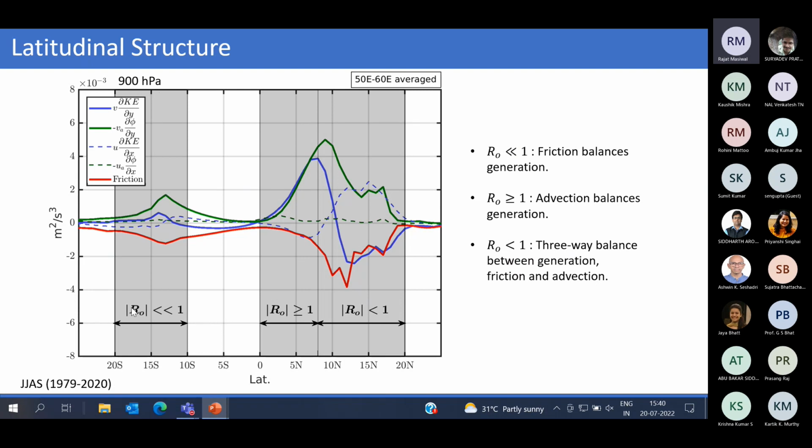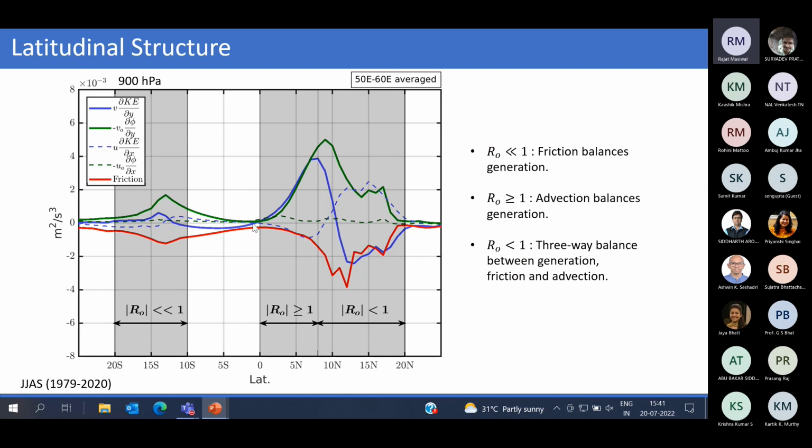So here we can see for the region where R0, the local Rossby number, is very small, the balance is mostly between this green curve, which is the meridional generation, and the red curve, which is the frictional term. Coming just next to the equator in the northern hemisphere, we see that R0 is greater than 1.